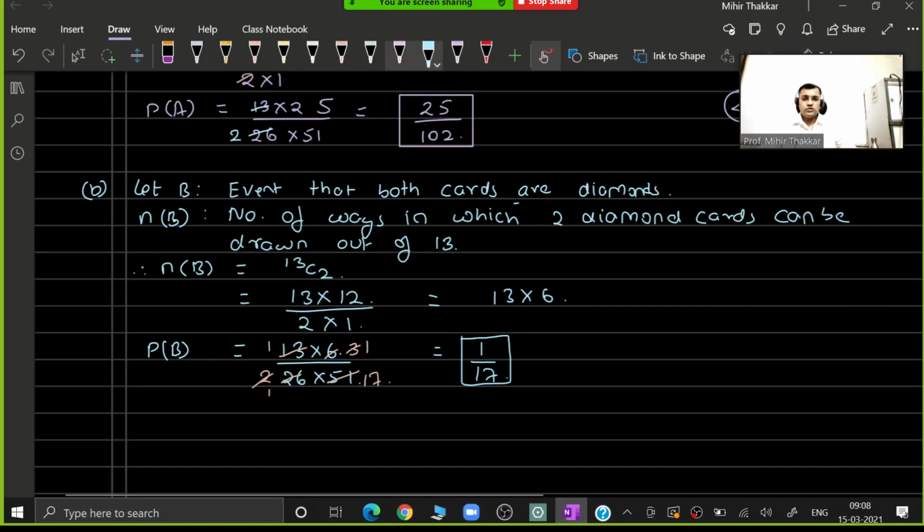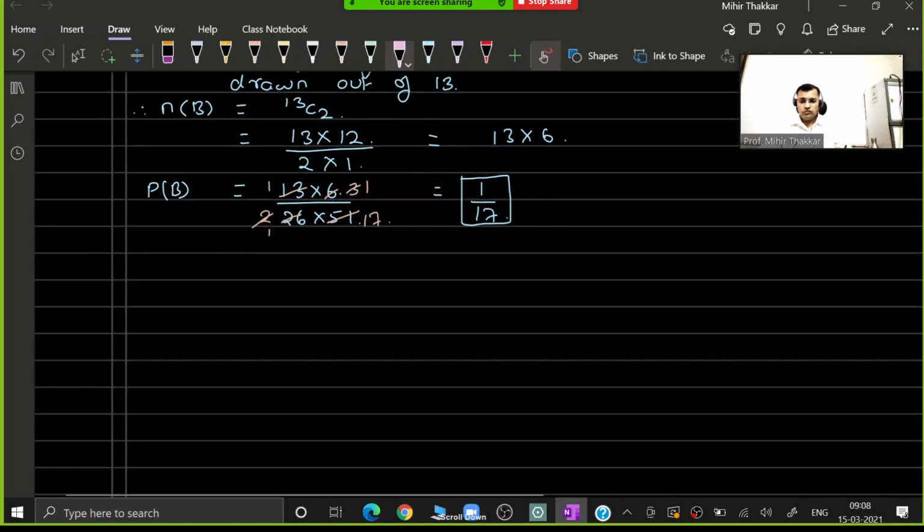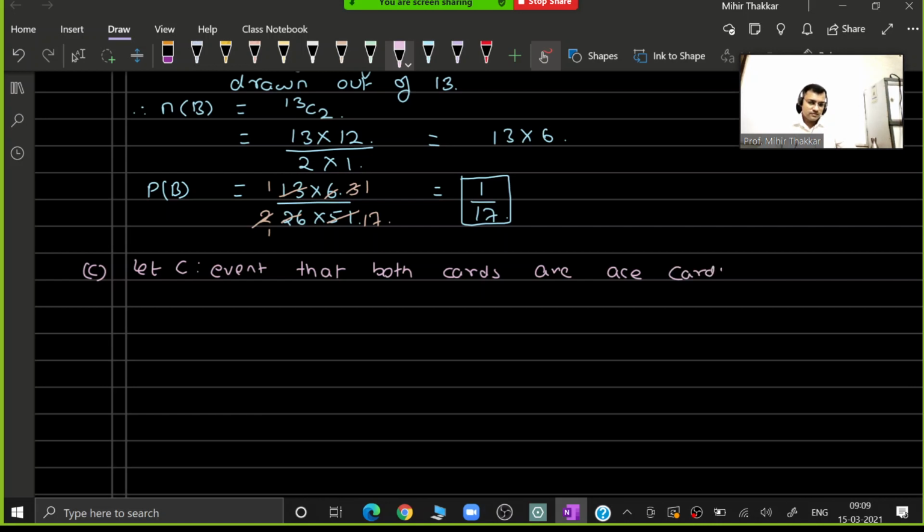We know that there are totally 4 ace cards. So I define C denote the event that both cards are ace cards.